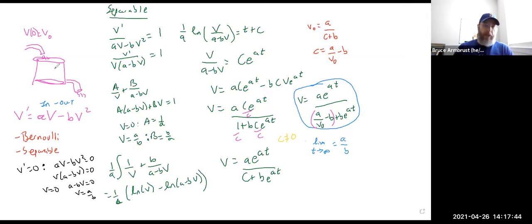However much water gets put in is going to be removed. But there's also an equilibrium at a divided by b. And that's what's going to happen as we go towards infinity. We're going to approach that much water in the tank, again, depending on what the proportionality constants are.